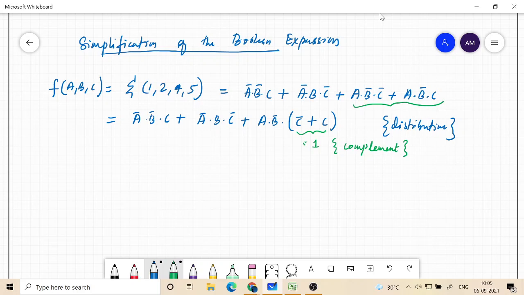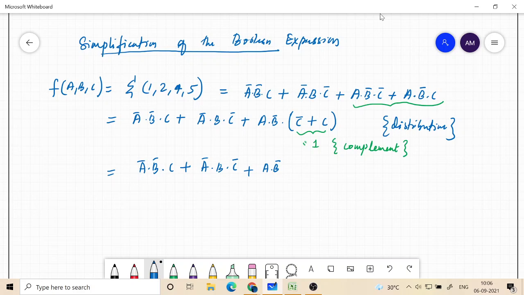So if you apply that and then apply the identity property, you will get plus A. Now, this is also a valid way of writing down the given Boolean function.